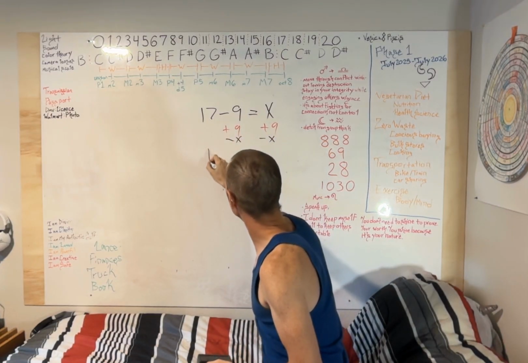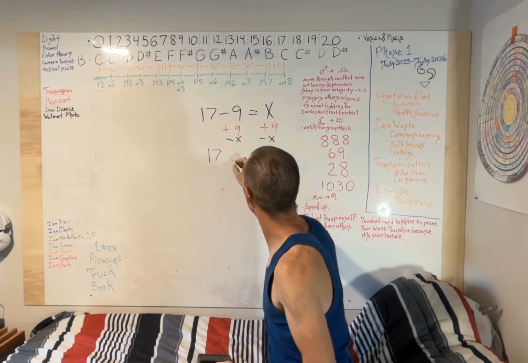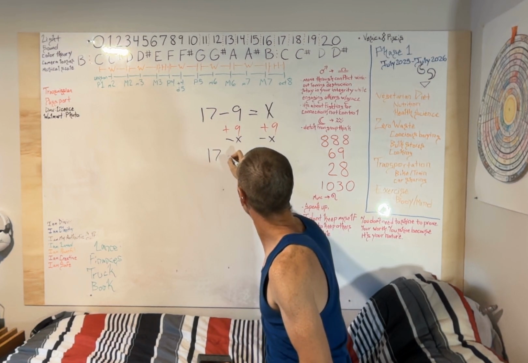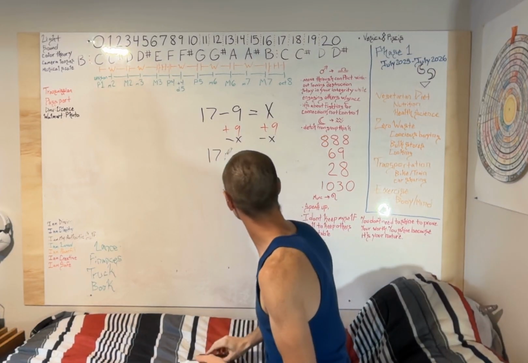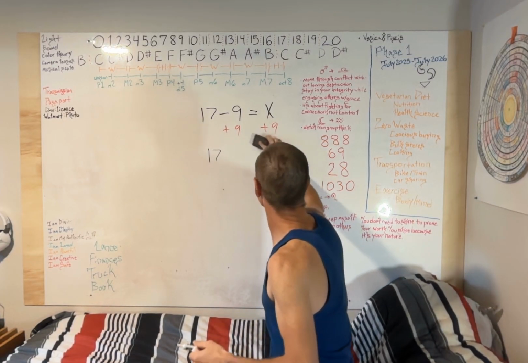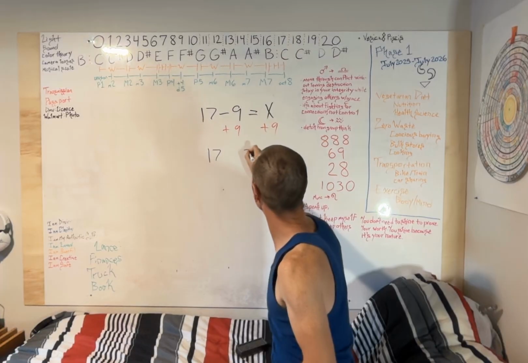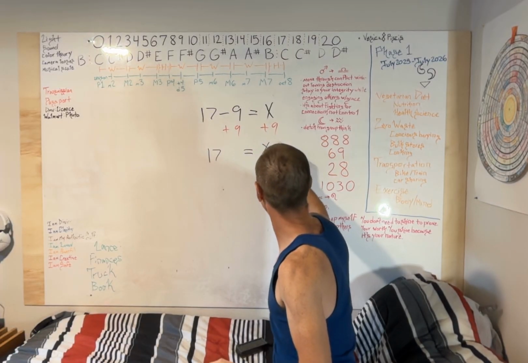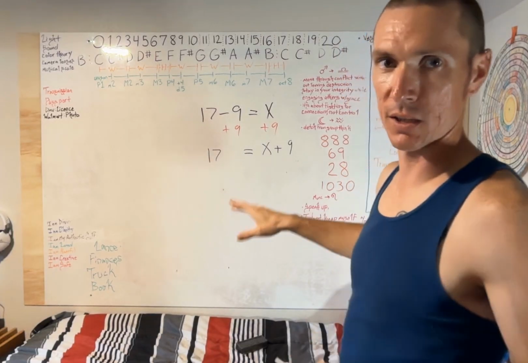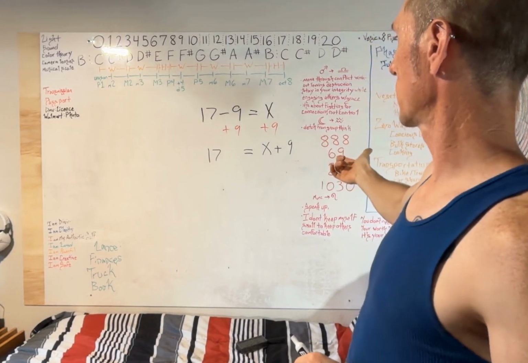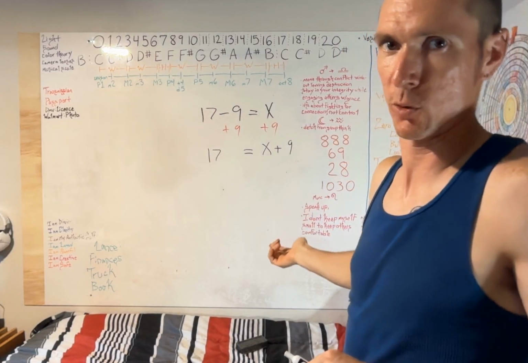And so you're left with 17. I don't remember how it works out. No, okay, I messed up. 17 is equal to x plus 9, right? So in this instance, subtraction's an algebra problem.